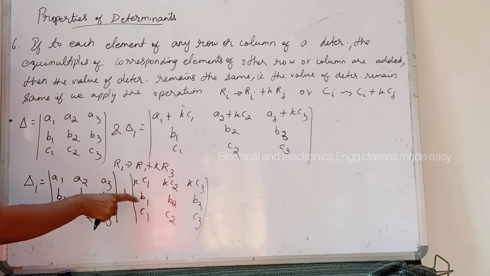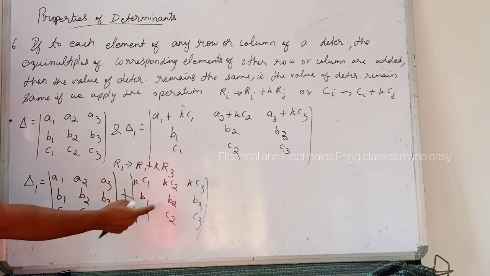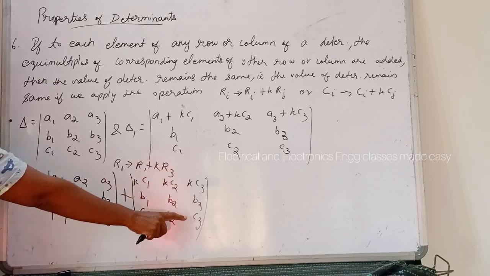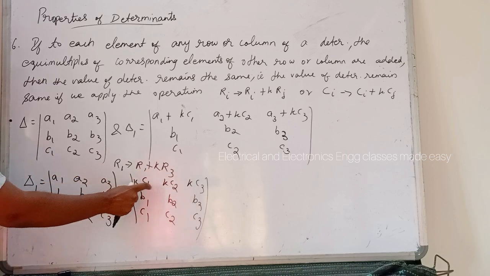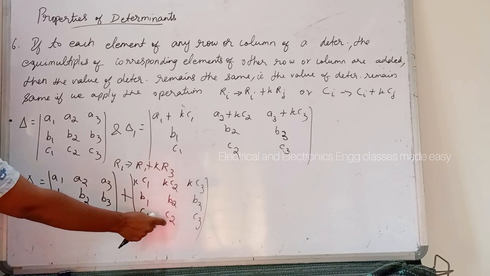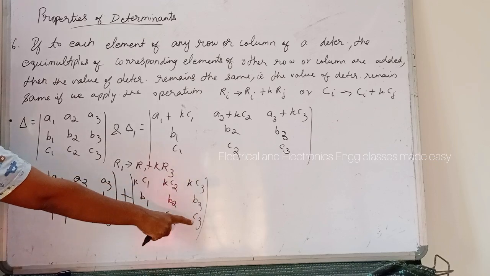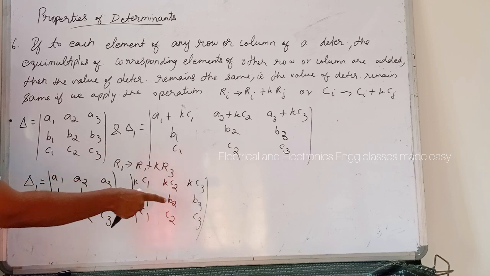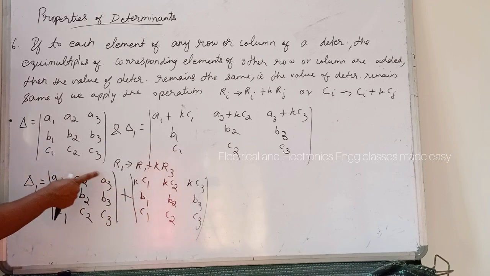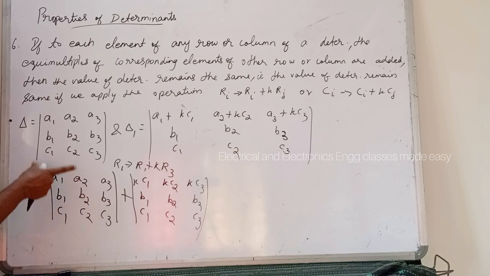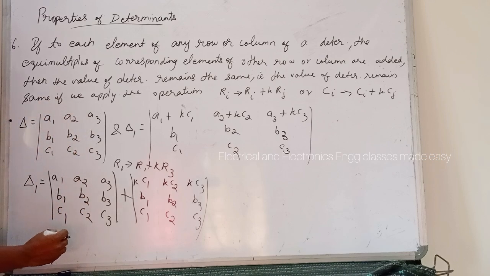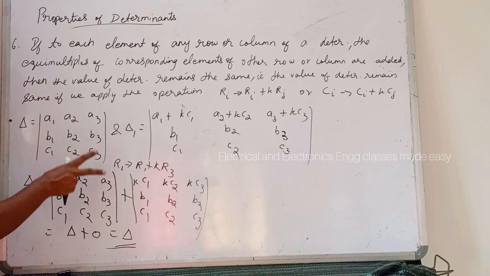Here we can find that this K is constant in this row, so we can take this K outside. Then we will get this first row and the third row identical: C1, C2, C3 and here also C1, C2, C3. So what will be the value of this determinant? Its value will be equal to 0. So here we will get the value of this determinant only, and that is equal to this delta. That is, here we will get delta plus 0, that is delta itself. So this is the sixth property.